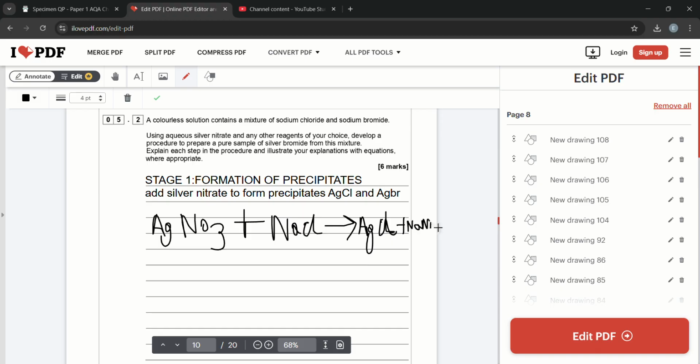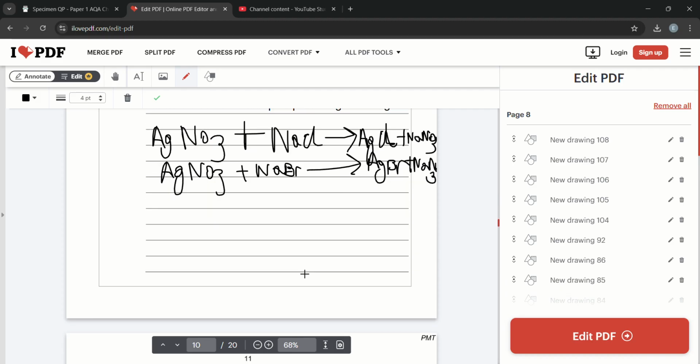So AgNO3 plus NaCl gives AgCl plus NaNO3, and AgNO3 plus NaBr, sodium bromide, forms AgBr plus NaNO3. This shows the formation of the precipitates.